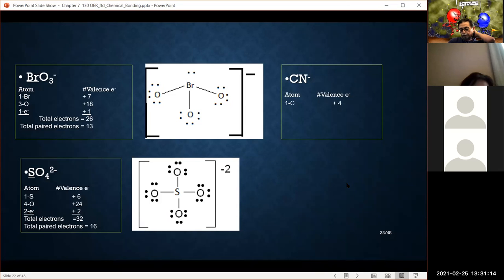We got 4 valence electrons coming from carbon, 5 from nitrogen. It's a negative anion, so it's a -1, so we're going to add one electron. That gives us a total of 10 valence electrons or 5 pair.